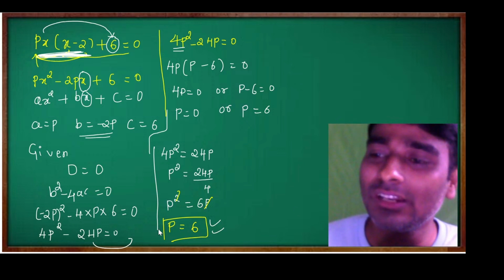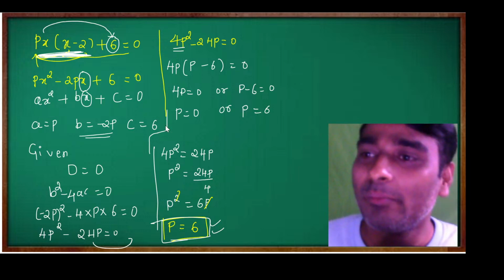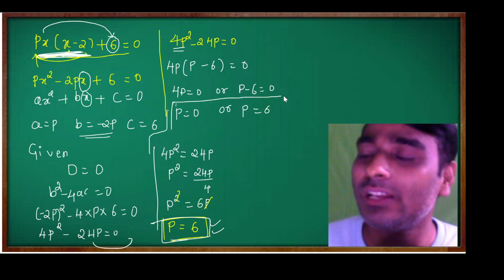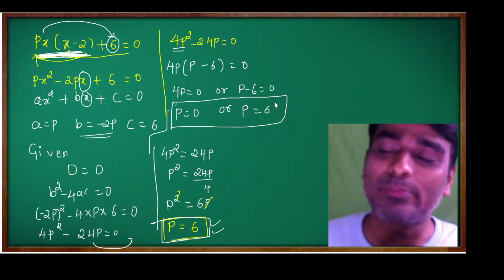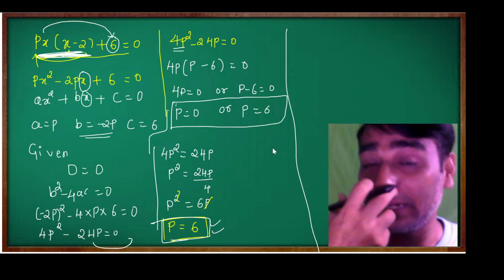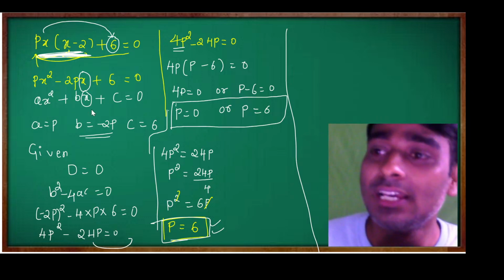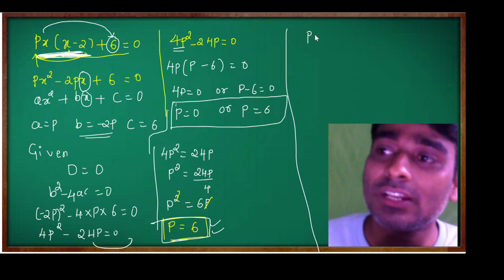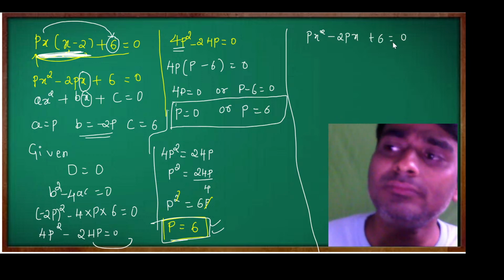Now here you are clear, p equal to 6 is the answer. But what about here? Which will we say is the answer, p equal to 0 or p equal to 6? If you remember, we have done such a question and I told you to take this p value and put it in the given equation. So if you put it in this equation, px squared minus 2px plus 6 equal to 0, what will happen?